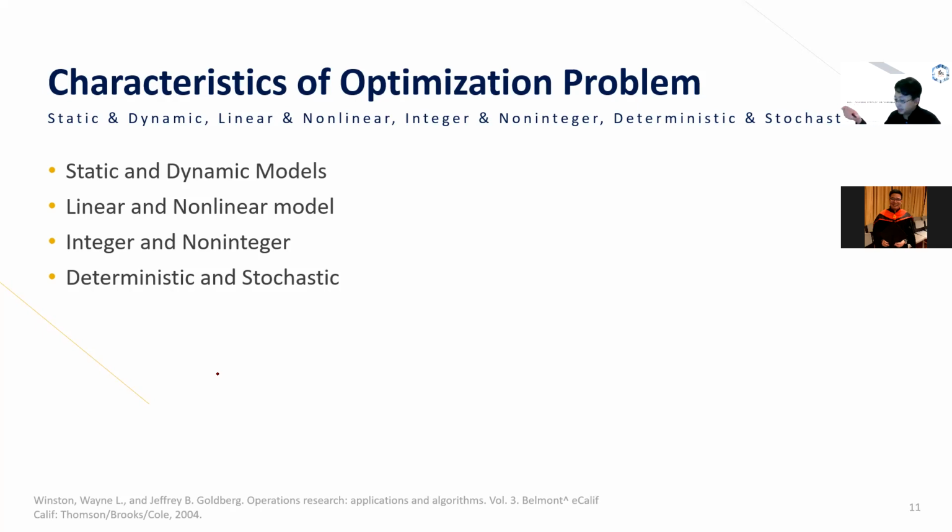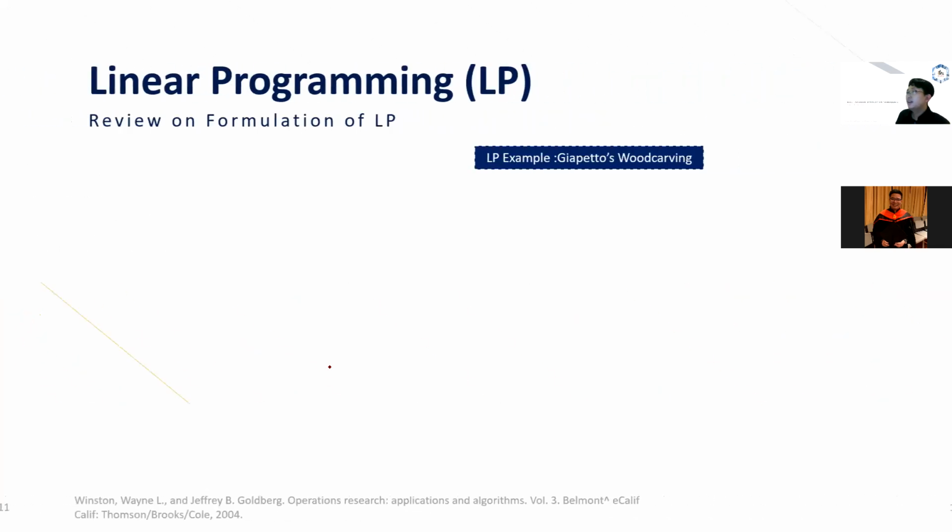Meanwhile, for stochastic models, the values of those parameters or data are represented by accommodating uncertainty factors, representing the data in the form of random probabilistic functions. So those are stochastic models.